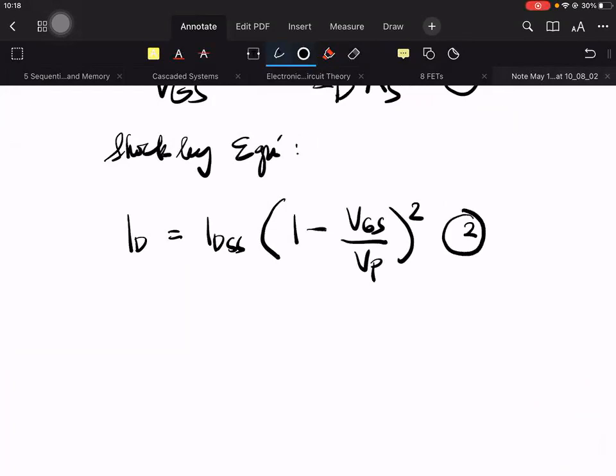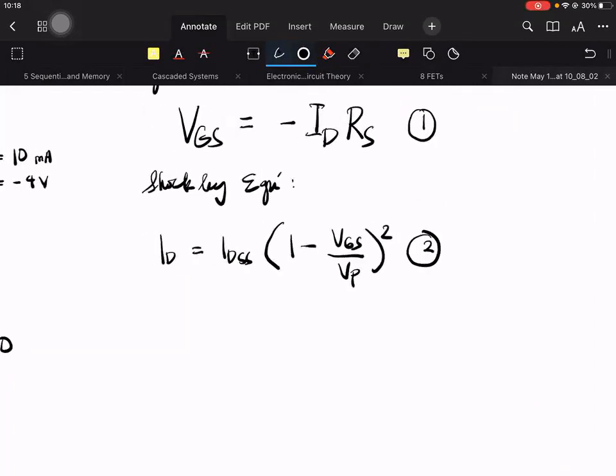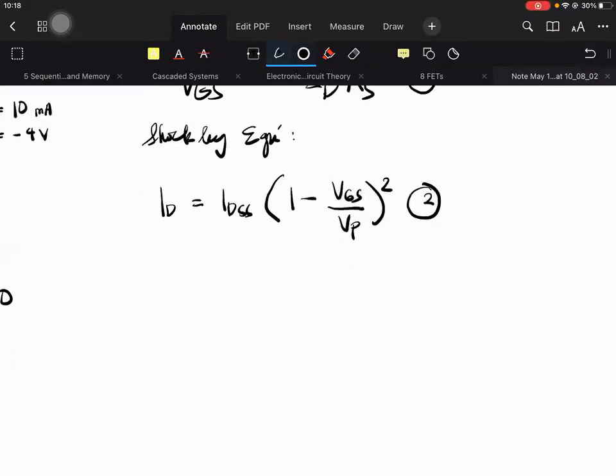Actually, we have 2 equations and 2 unknowns: VGS and ID. So what do we do in math when we have 2 equations, 2 unknowns? Substitute one into the other. So substitute equation 1 into equation 2.